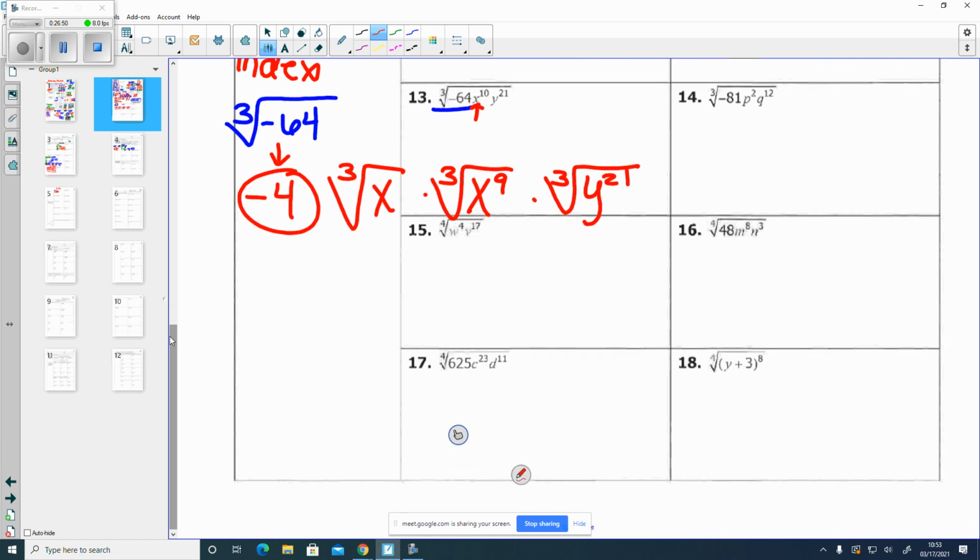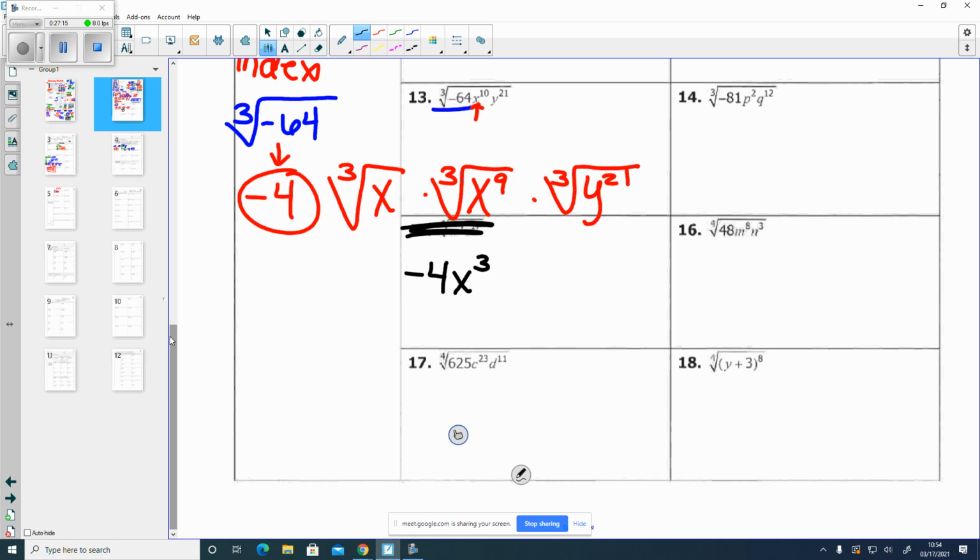Okay, I'm going to divide the exponents by the index. That's the shortcut. Okay, so in this case, the negative 4 is still out. What is x to the 9th divided by 3? So what is 9 divided by 3? 3.